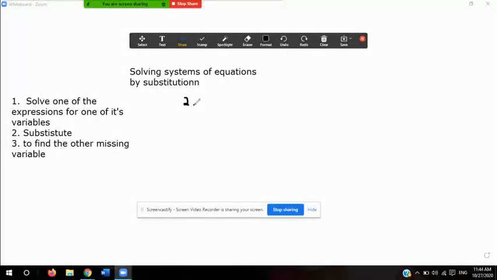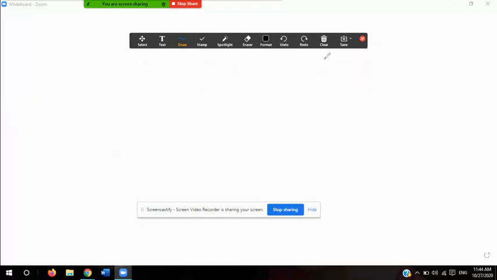So 2x plus 5y equals negative 5, excuse me. And the second equation says x plus 3y equals 3.